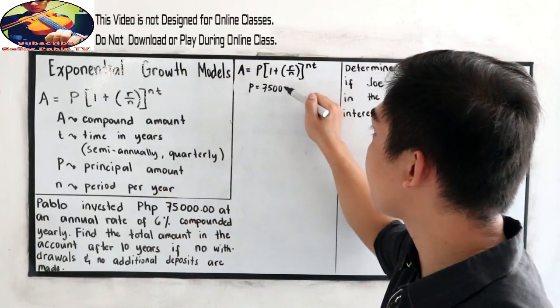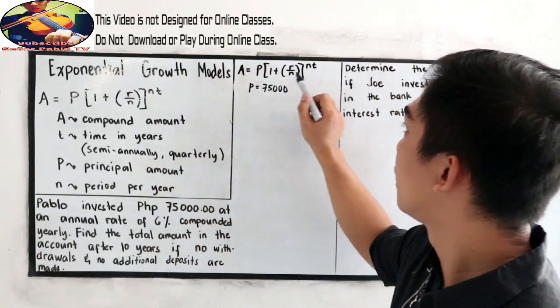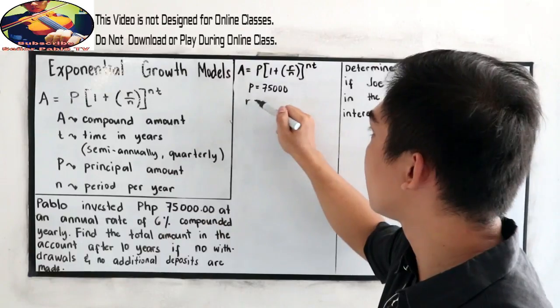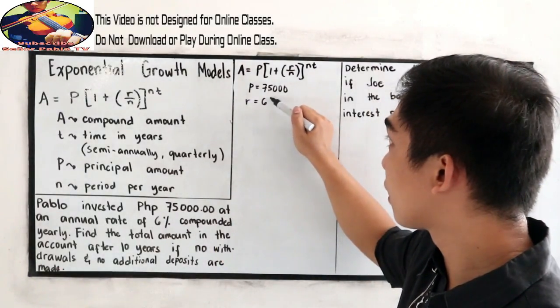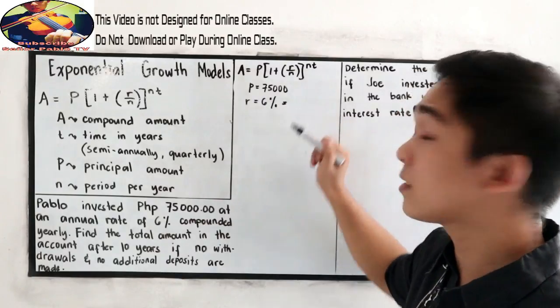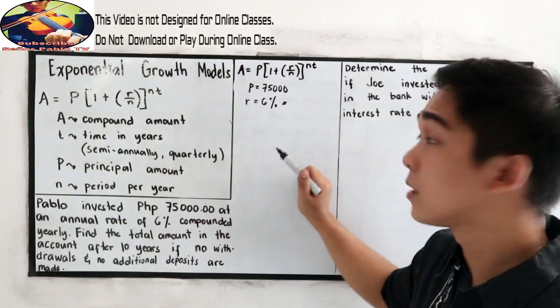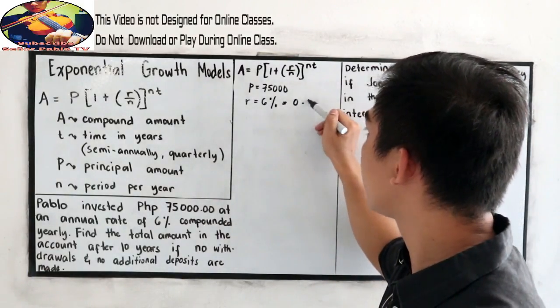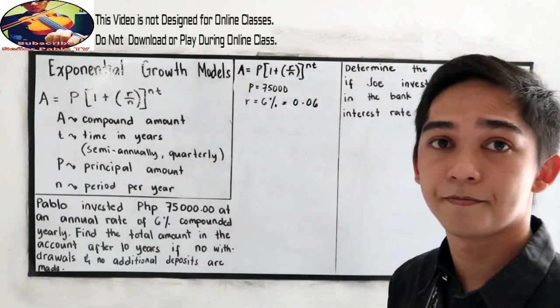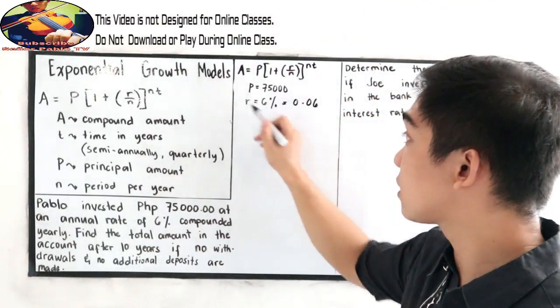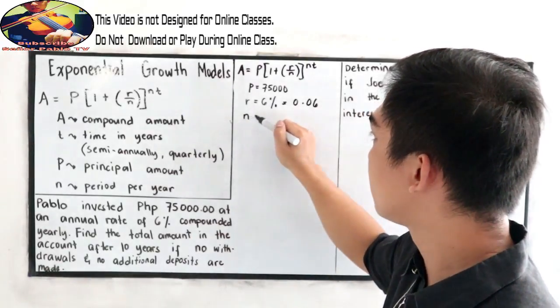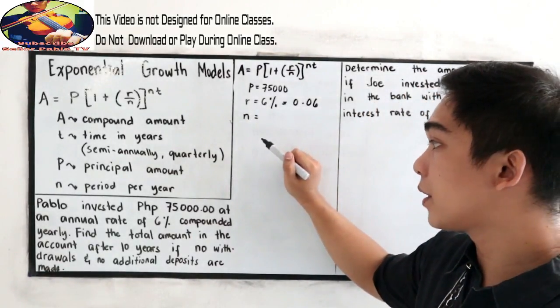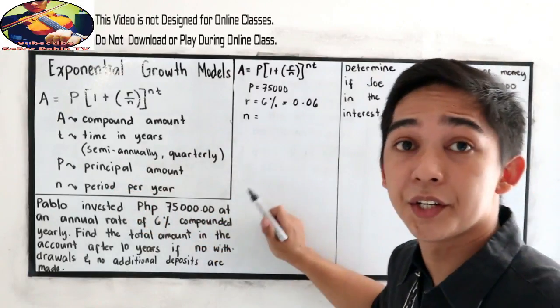75,000 pesos. Next, our rate. Our rate is 6%. In decimal, that is 0.06. Just move 2 decimals to the left. And our N is our period per year.